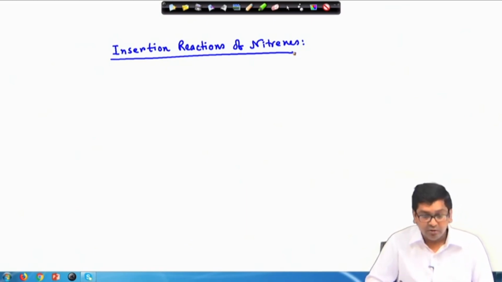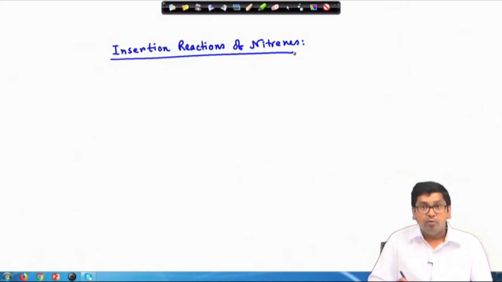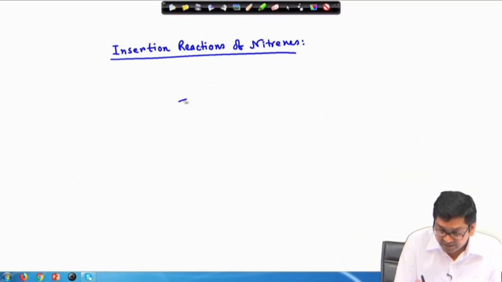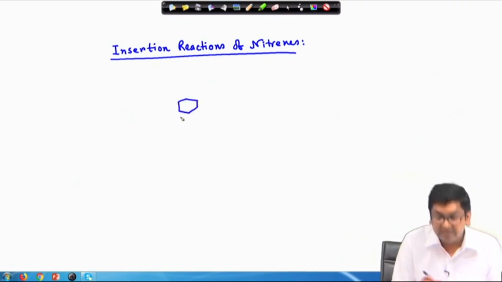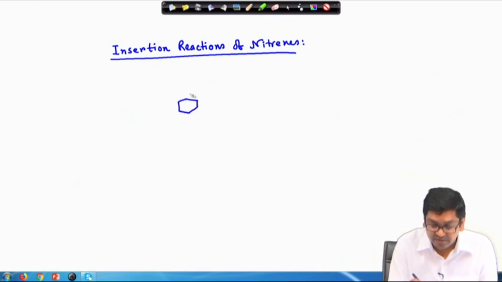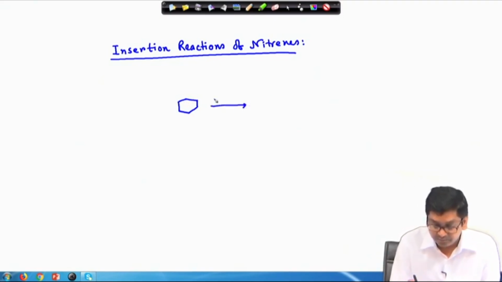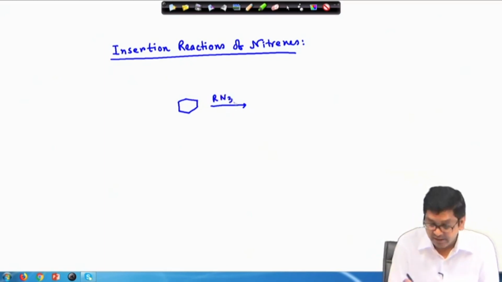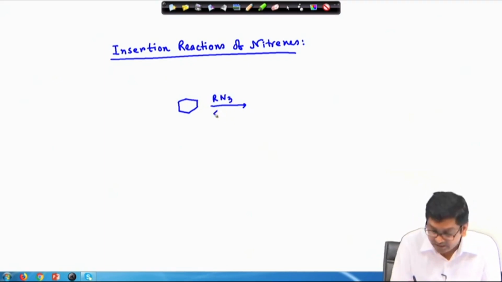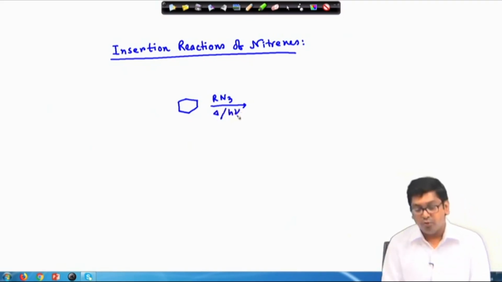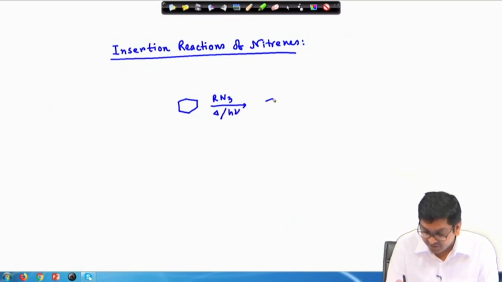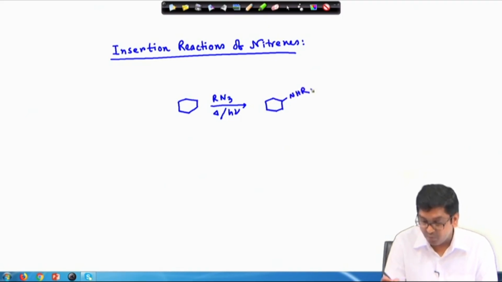So, in this way, as per example, if you take this cyclohexane, it has carbon hydrogen bonds, and now if you use this azide, then under thermal or photochemical condition, this can generate this carbon nitrogen bond.